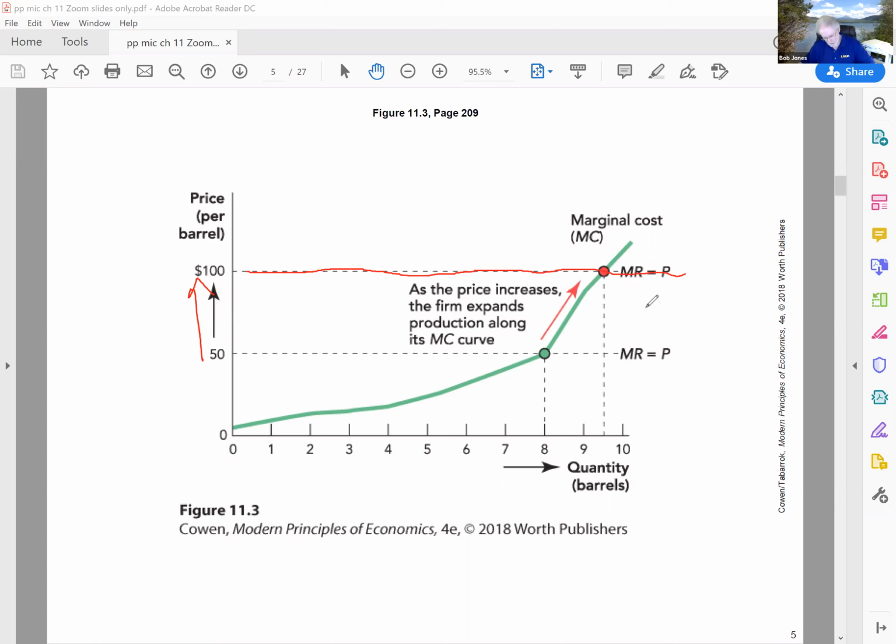He's going to apply the same rule as before, same rule as always. He wants to expand out to the point where MR and MC are equal, which is going to be right there. That's where his profit will be at a maximum. Notice, because the world price went up from 50 to 100, this individual producer responds. He was producing 8.